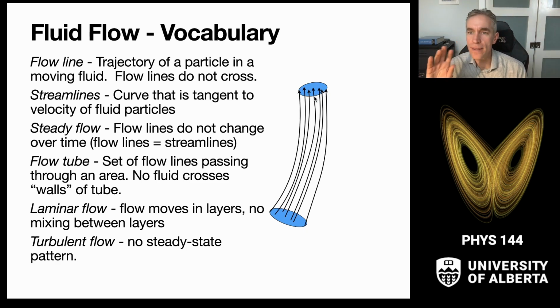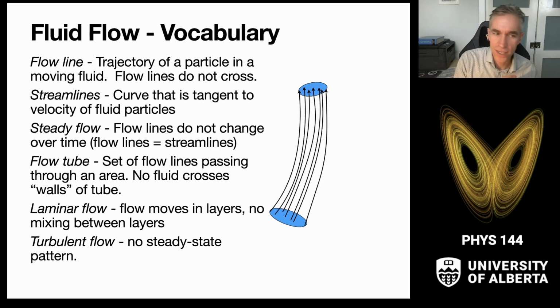No fluid crosses the walls of this tube because of our stipulation that the flow lines don't cross. And so we end up with a nice, steady flow that we'll often describe as laminar flow, which means the flow is moving in layers. They can move at different speeds, but there's no actual mixing between those layers.